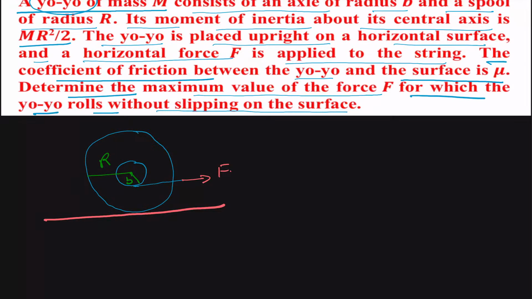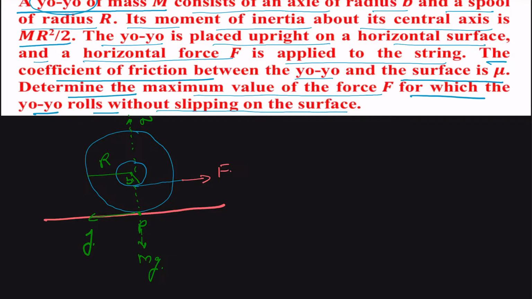Let us assume that P is the point of contact, and the frictional force, let us suppose, is f, and there will be mg acting in the downward direction, and there will also be a normal force acting in the upward direction.